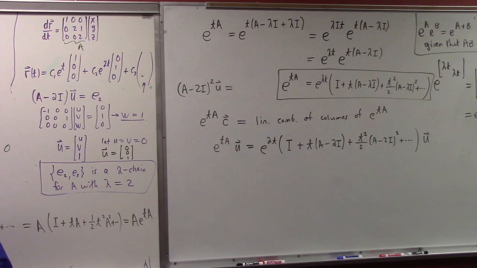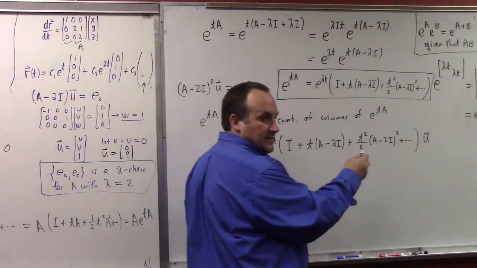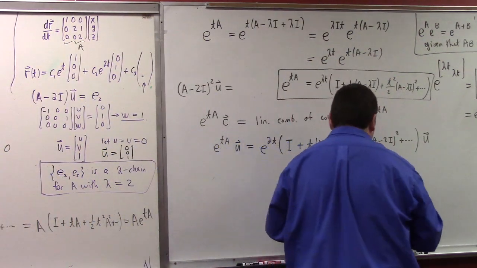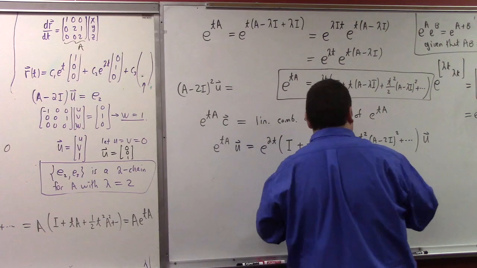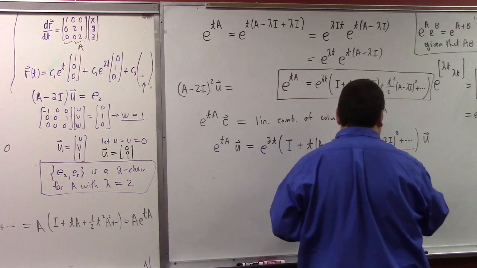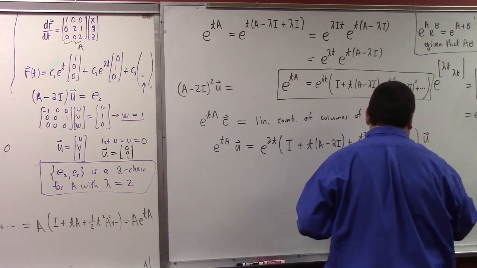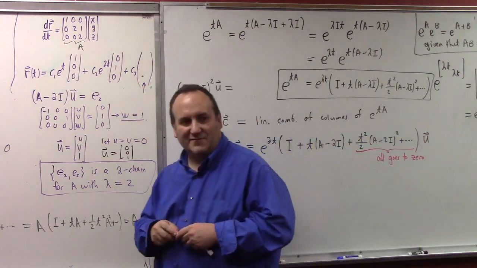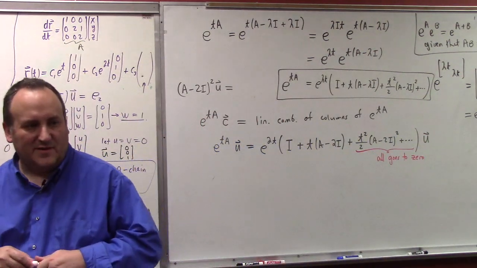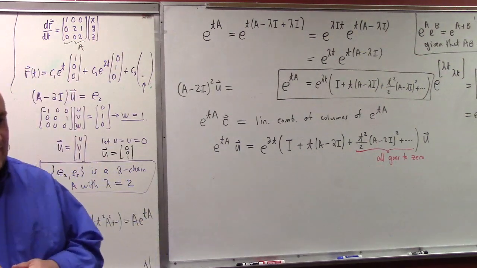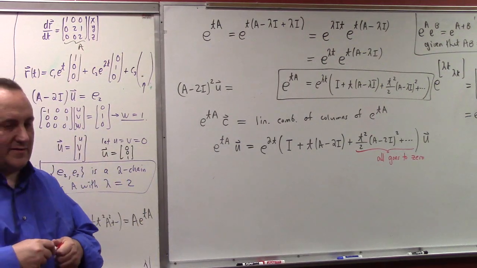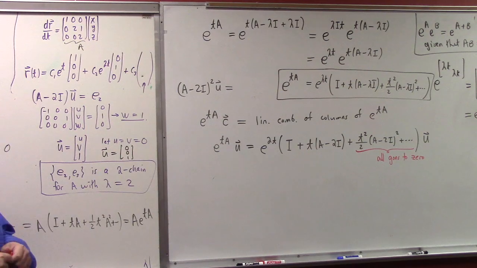But it is a generalized eigenvector of order 2, which means that this all goes to 0. So yes, we've got an infinite series, but it truncates because a generalized eigenvector is designed to do that.